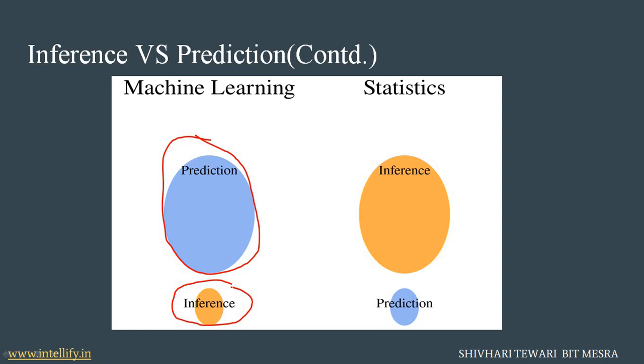That means we have used the previous data set and the previous predictions, and then we study how that data affects the inference system. Now, in statistics, we use the inference model to predict our new outcomes. So this is how inference and prediction are different from each other.